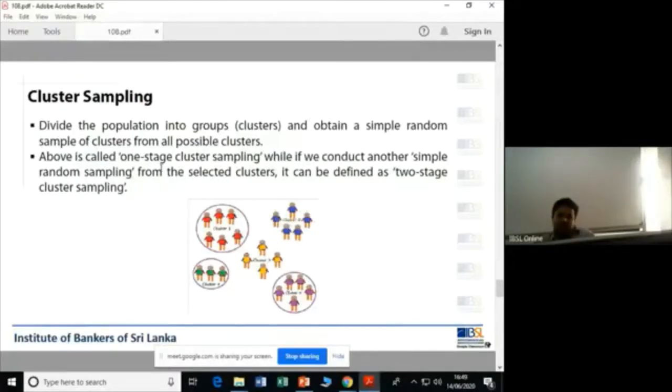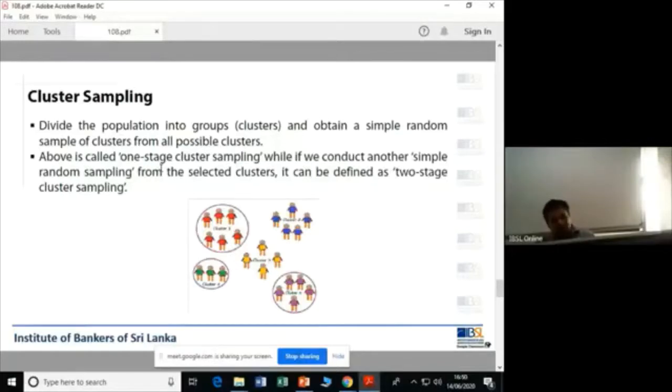We are going to divide the population into groups, clusters, or if you use quota or strata, I don't mind, and obtain a simple random sample of clusters from all possible clusters. Let me repeat it.